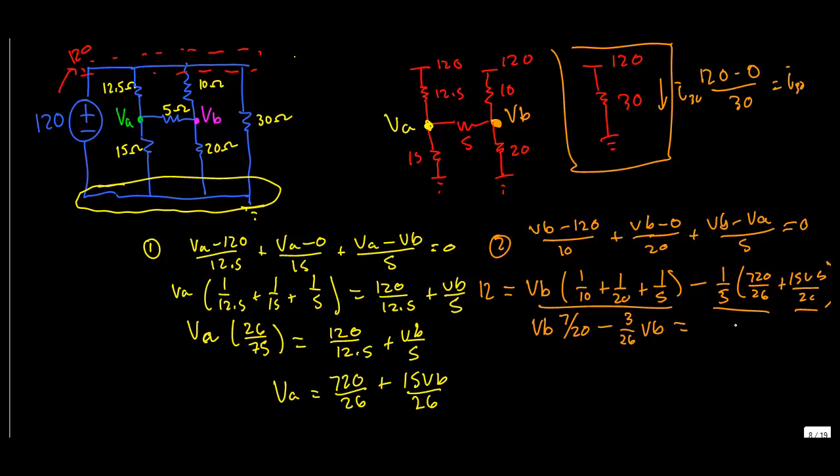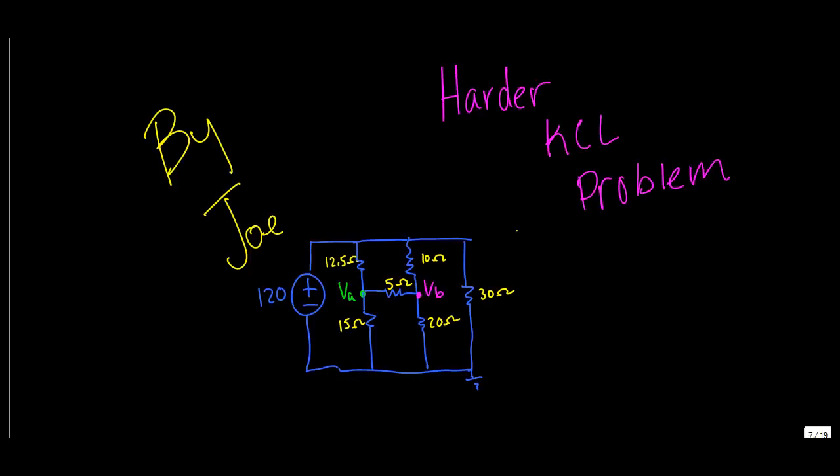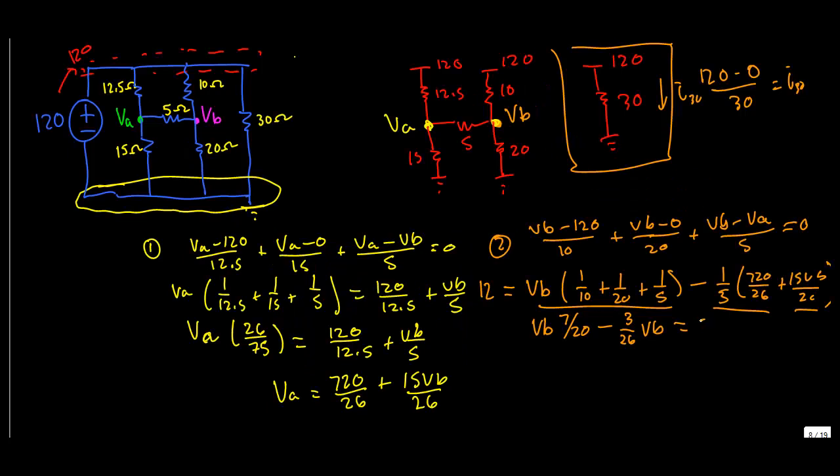26 is 360/13, and we'll divide that by 5, and we got 72/13. So basically, I lost my page here. So 72 over 13 is that number, and then plus 12.